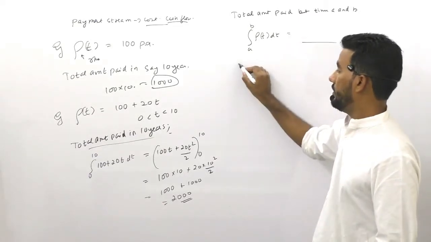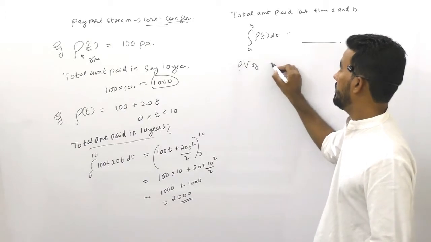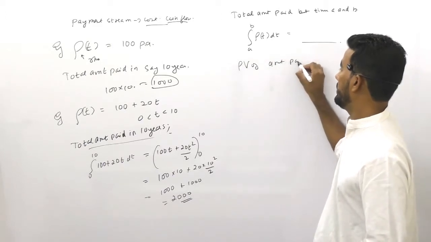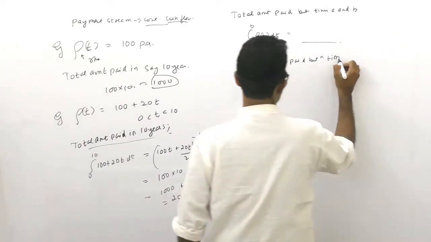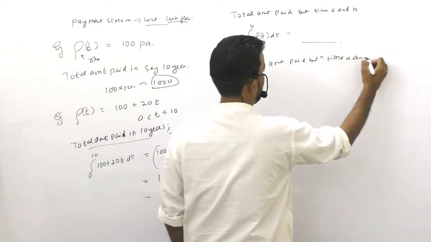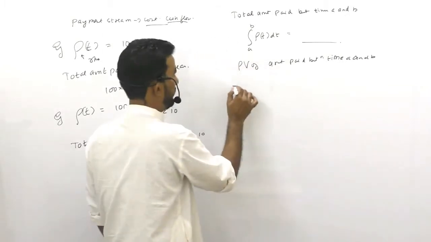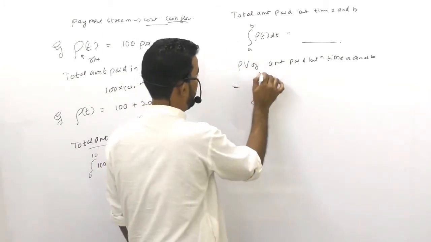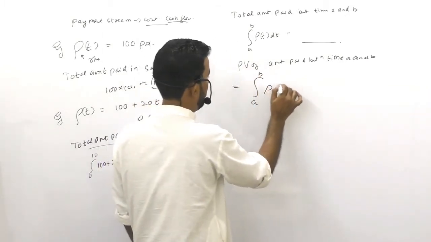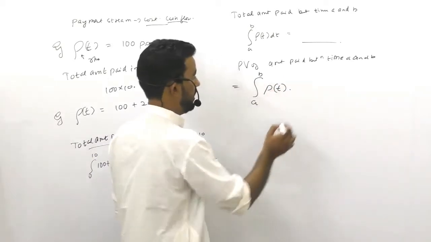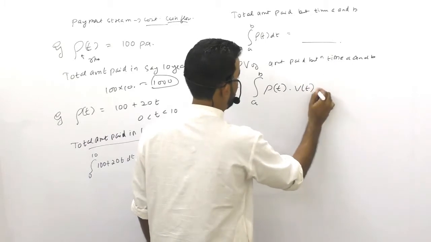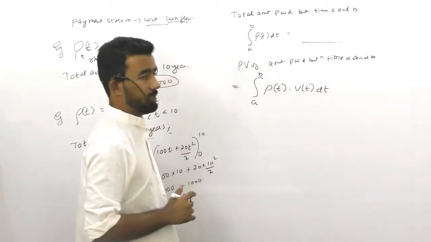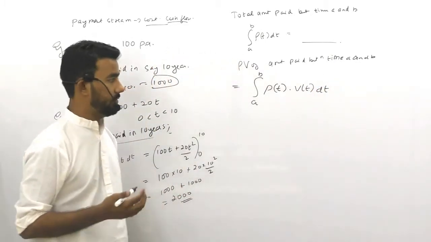Now if you want to find the present value of the amount paid between time A and B, what you will have to do is, from A to B, take the payment stream multiplied by the discount factor. If you multiply your payment stream by the discount factor and then integrate, it will give you the present value.